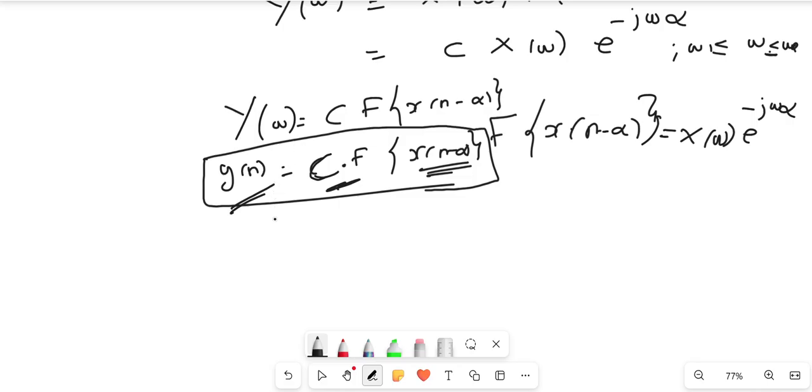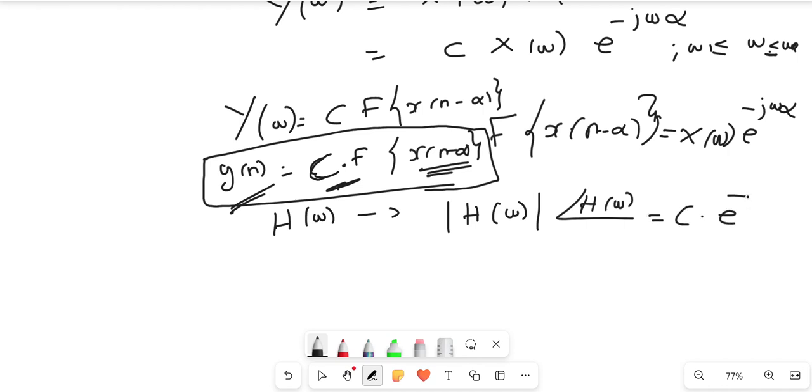This H of omega is a complex quantity. It's a complex quantity, which means it has a magnitude of H of omega and an angle of H of omega, which is equal to c into e power minus j omega alpha.